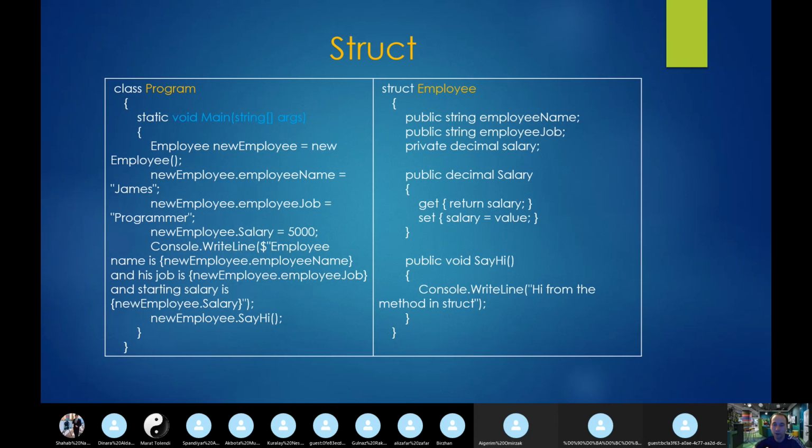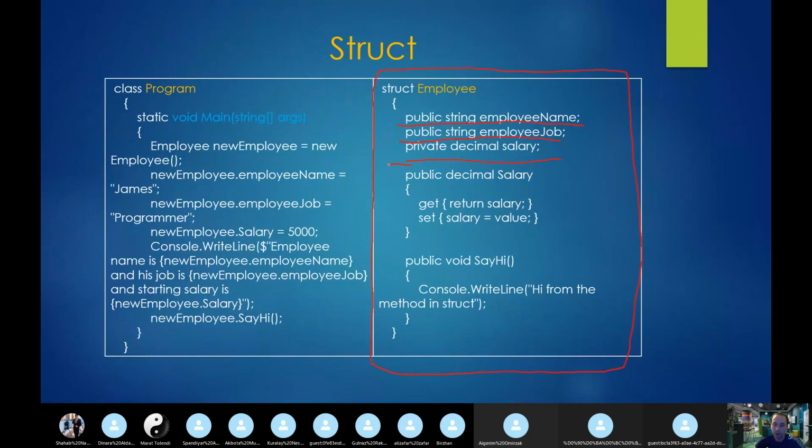So here on the right part, we have the structure, our structure employee. It has the following fields: employee name, employee job.